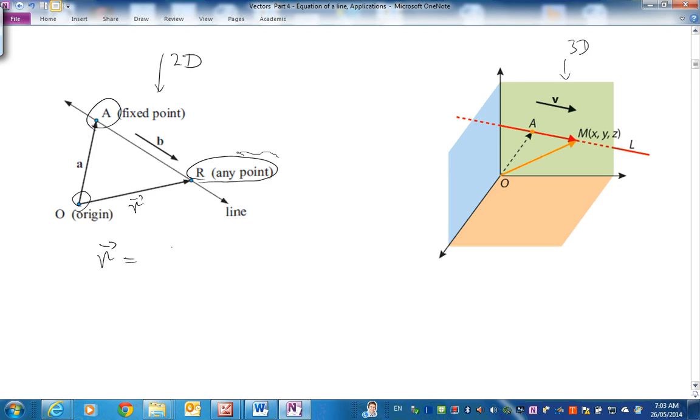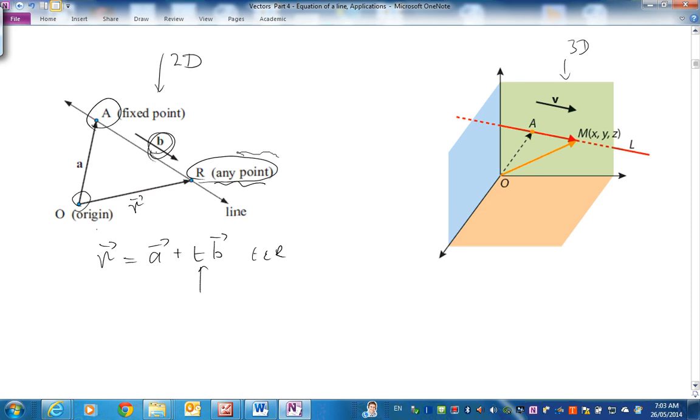Travel to the fixed point, so that's A as a vector, plus so many lots of B, depending on how far away R is on the line. Now R is a variable point, isn't it? Any point. So let's call it t lots of B, where t is a real number. So t could be any real number. So you could have 2 lots of B necessary to get out to point R, or 3 lots of B.